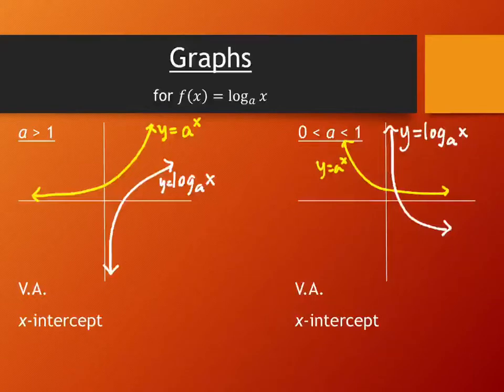Okay, so let me tell you where those are sort of coming from, or make a visual connection at the very least for you. Consider the line y equals x, which I will draw in on both graphs.